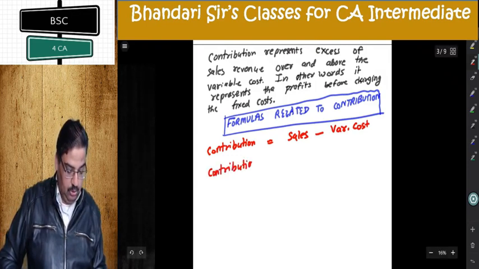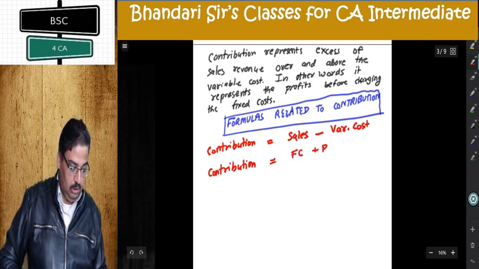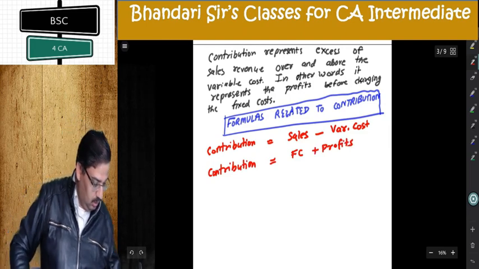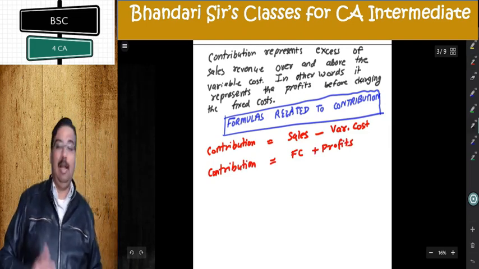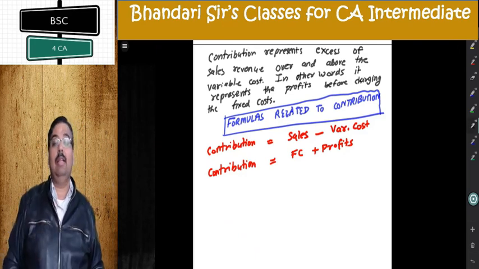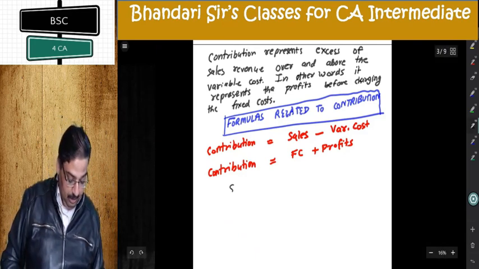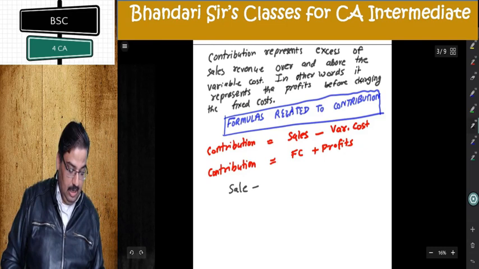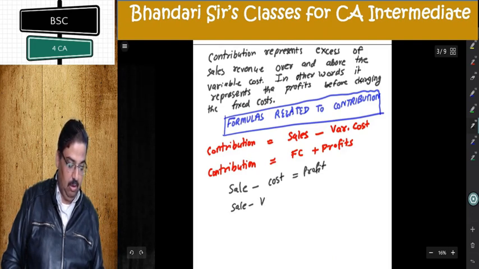Now, contribution is also equal to fixed cost plus profits. Now, how does this come? Try to understand how I get the second formula. It is simple. Sale minus cost is profit. I can say sale minus variable cost minus fixed cost is equal to profit.